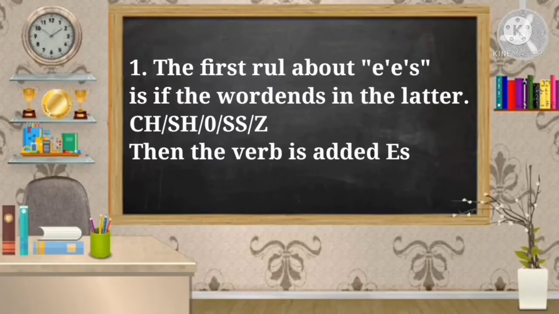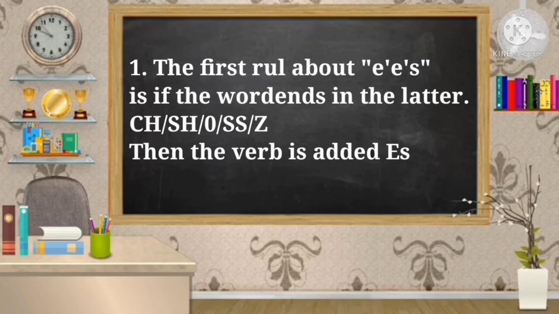The first rule is about adding ES. ES is added to words ending in the letters CH, X, SH, O, double S, and Z.